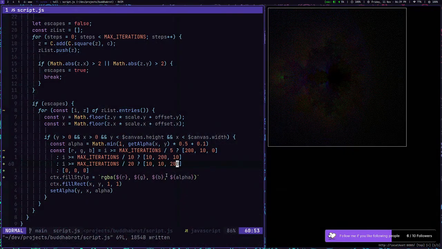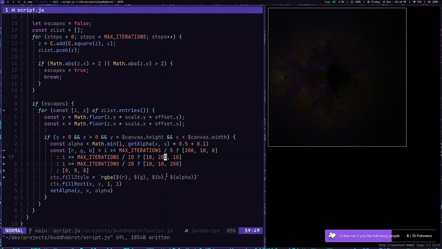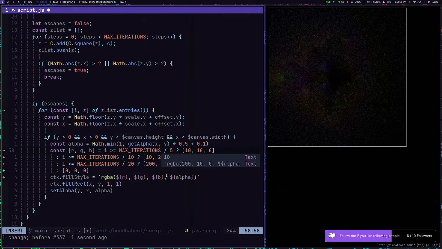Let's think about this again. I don't see any red here, so let's make it mostly red. 10, and let's make this green. 10, 10, 10, and then here is the 200.